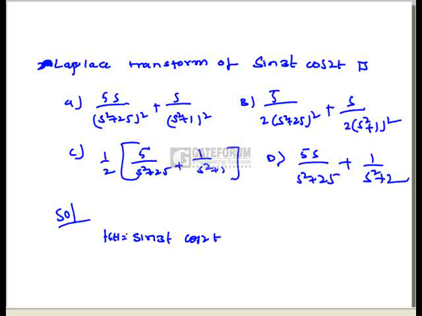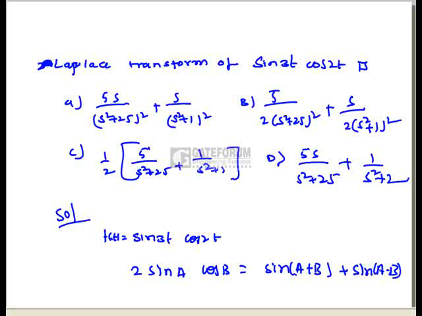Before doing that, we have to recall our trigonometry equations. We know that 2 sine a cos b is equal to sine of a plus b plus sine of a minus b.